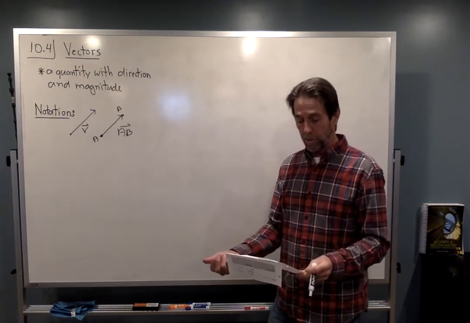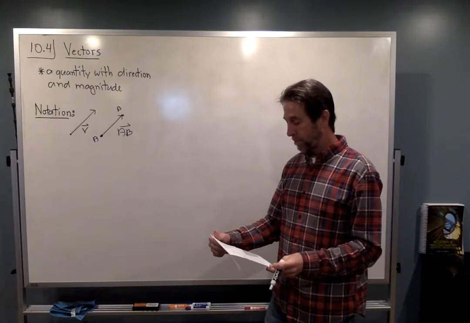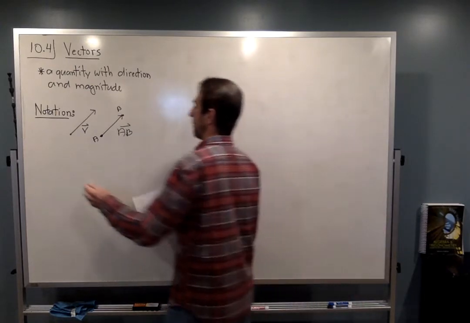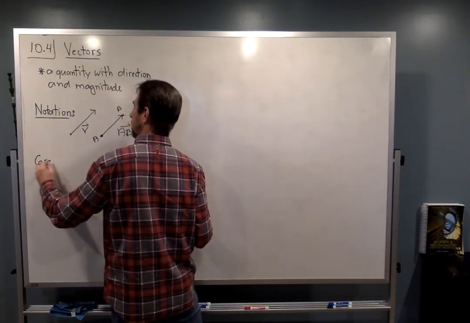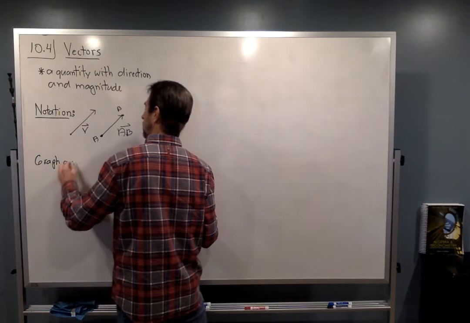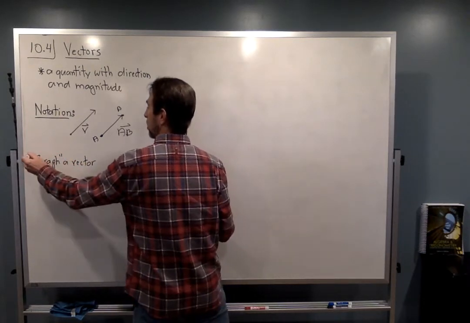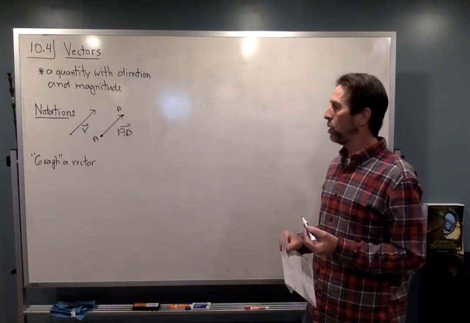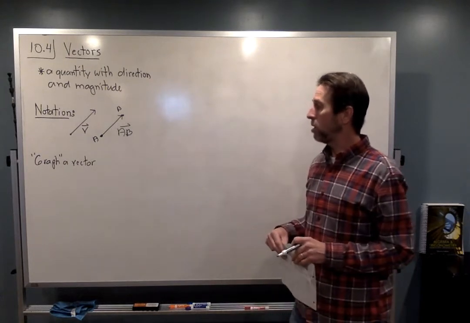So what are we going to do with some vectors? Well, one of the things is we're going to be able to add and subtract vectors. Or maybe just plot a vector. Let's say graph a vector. Now, graph might imply that we want to put it on an XY axis, and we can do that, and we will superimpose it so we can understand direction and magnitude a little bit better.